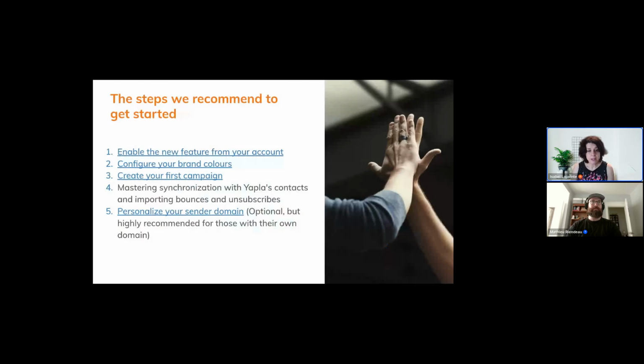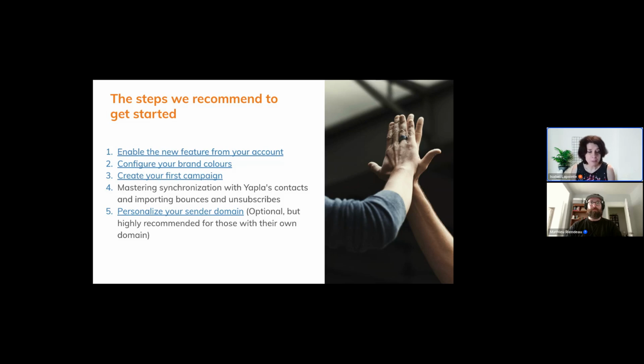To get started, I will just summarize it here, and then I will go through different things. Enable the new feature from your account. I will show you after, in the demo, where it is. You need to configure your brand color in your Yapla newsletter account. And then you can create a first campaign. It's what we will do today. We will see how to create a campaign.